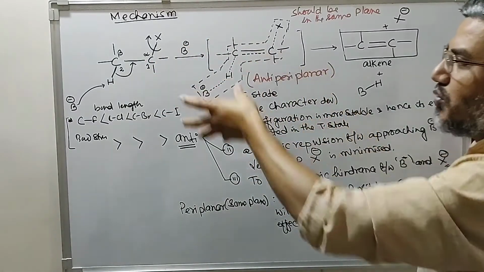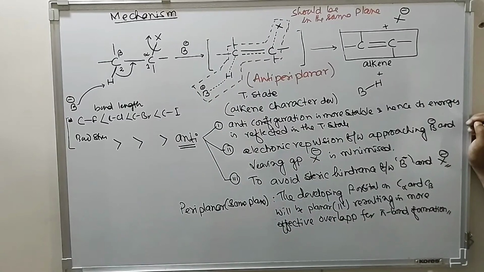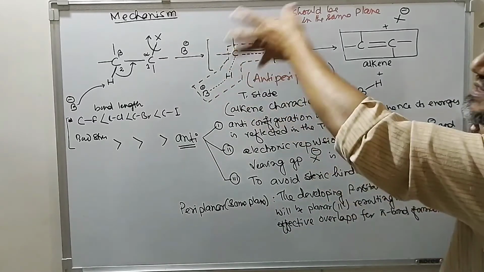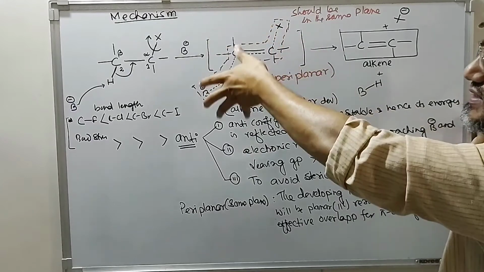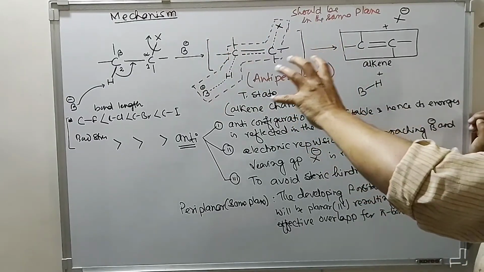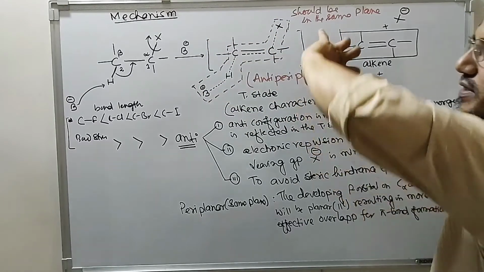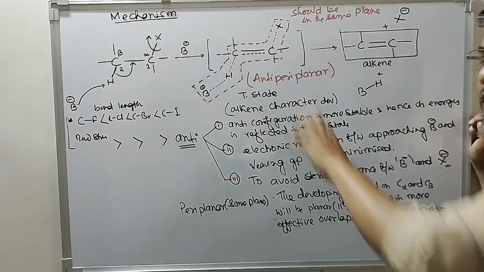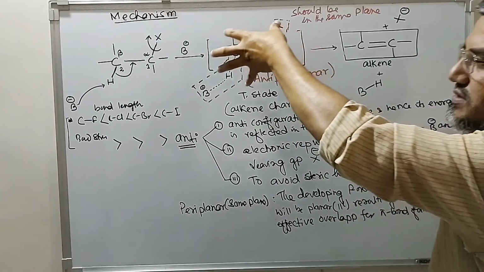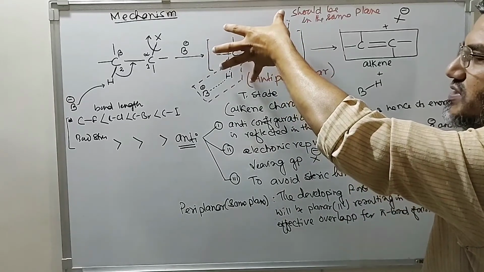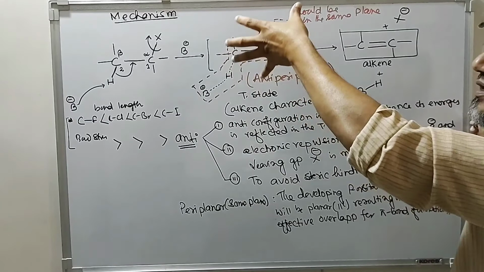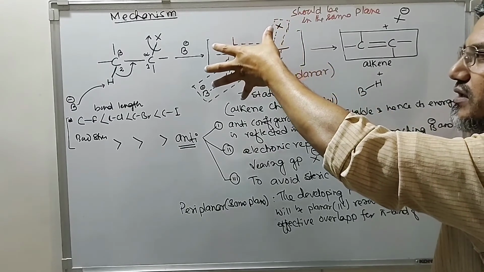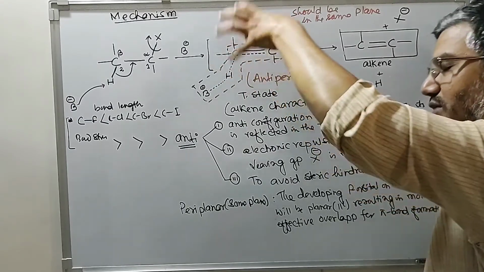And look at this, solvent polarization is not required here. The reason being, look at this molecule, in the transition state there is no charge separation. Since there is no charge separation, we require a non-polar or weakly polar solvent.